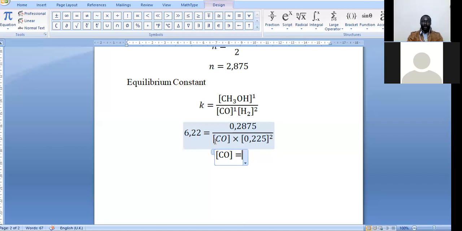I'm giving you up to about a minute to find the concentration. Cross multiply and do that, and write the answer for me in the chat. Just put your calculator next to you.